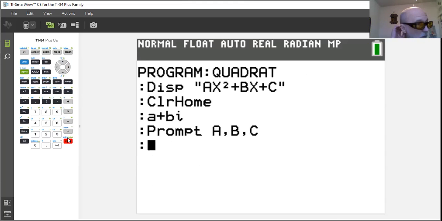Now then, we have to tell it what we want it to do. Now remember that we want it to solve the quadratic formula. So if it's going to solve the quadratic formula, then it needs to be able to work out the stuff that's inside. So remember that inside the square root, we had a parentheses, and that was b squared, alpha b, and then squared, minus 4 times a times c.